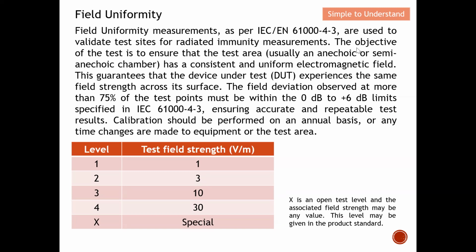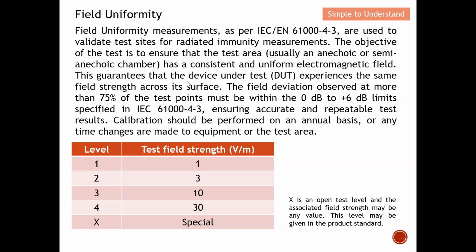The objective of the field uniformity test is to ensure that the test area, usually inside an anechoic or semi-anechoic chamber, has a constant and uniform electromagnetic wave. This guarantees that the device under test experiences the same field strength across its surface.